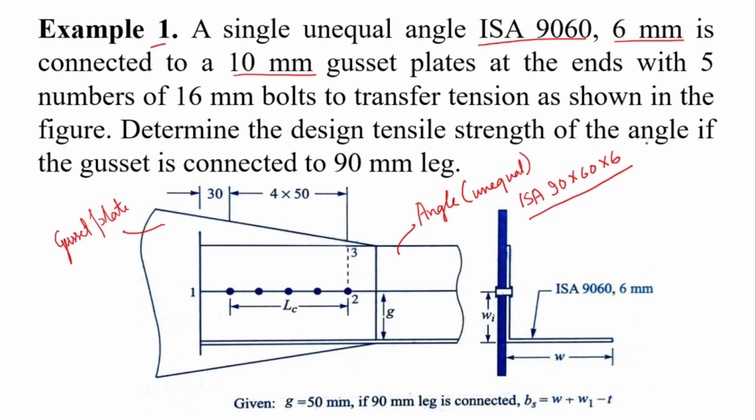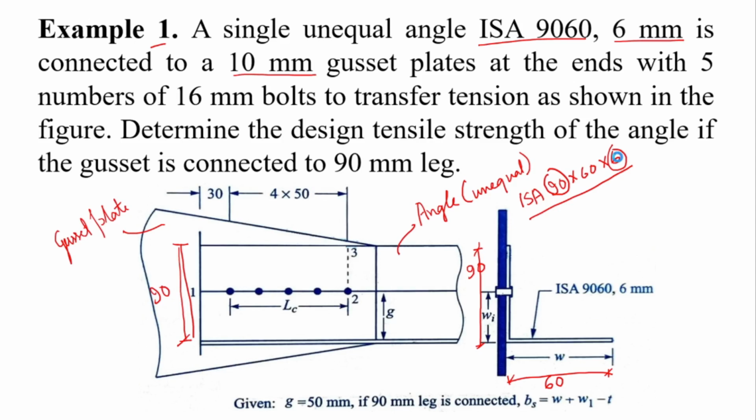So the angle is connected with the gusset plate and we have to calculate the design tensile strength of the angle if the 90 mm leg is connected. That means this size of the angle is 90 mm. Okay, so this is total 90 mm and this size is 60 mm, and this 6 mm is the thickness of the angle.